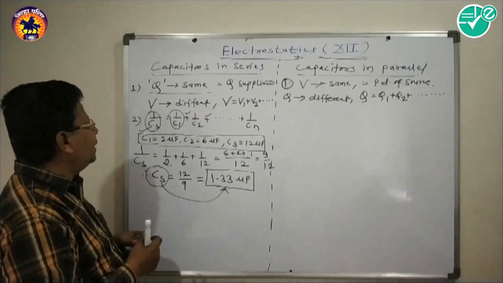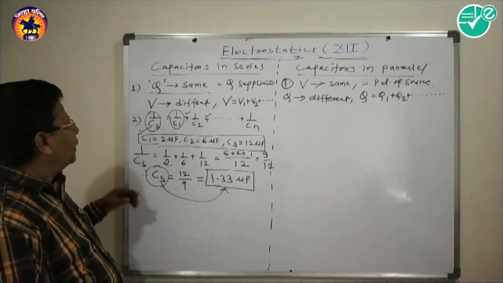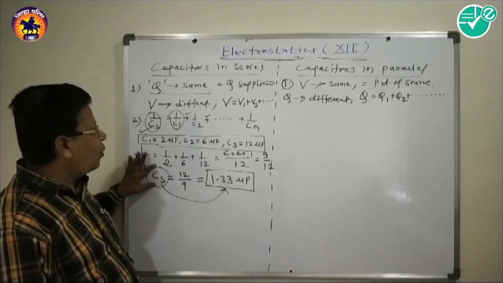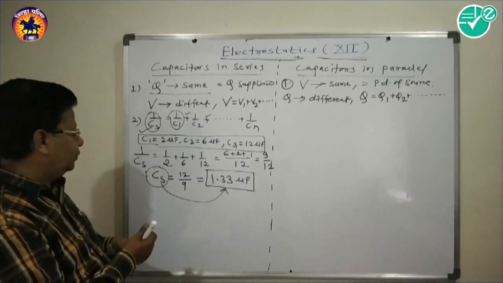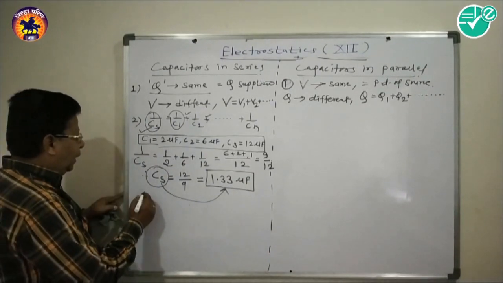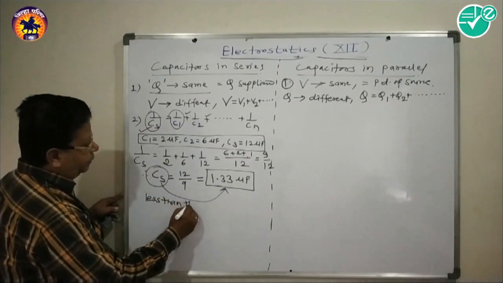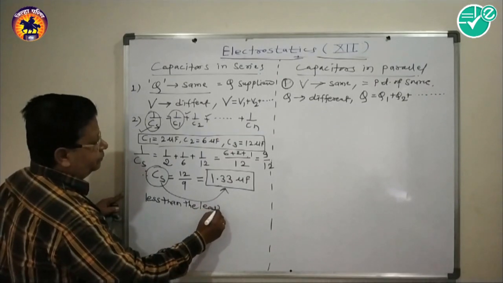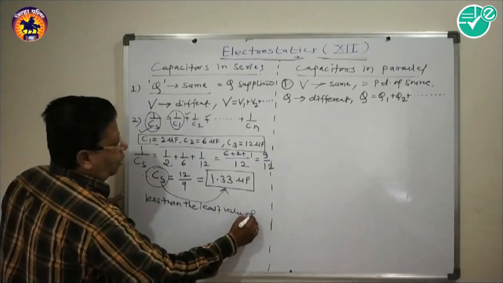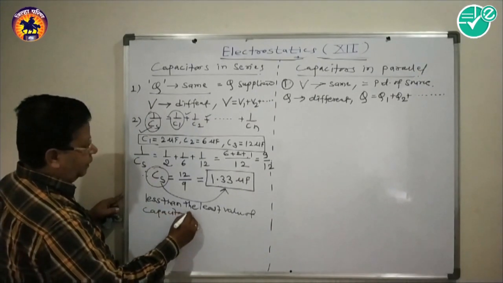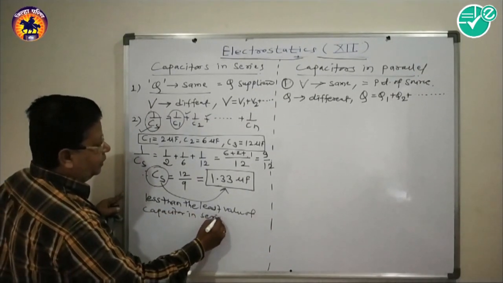So the conclusion is drawn that the equivalent capacitance of series combination is less than the least value of capacitor in series combination.